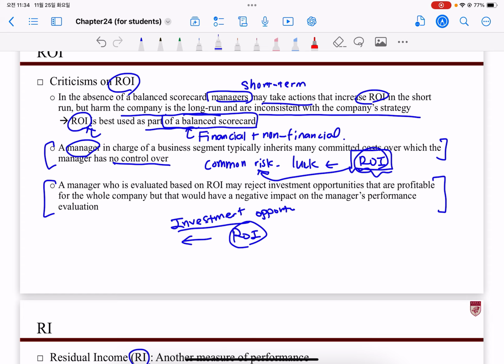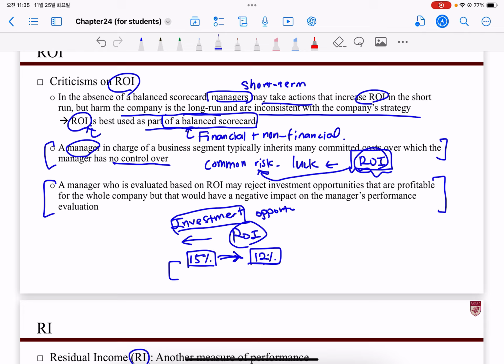Let's say before taking up the investment, the ROI is 15% in your company, but after taking up certain investment, it can become 12%. So you can falsely reject the investment opportunity by saying, oh, the ROI is now gone down to 12%, so I'm not gonna take up the investment opportunity.